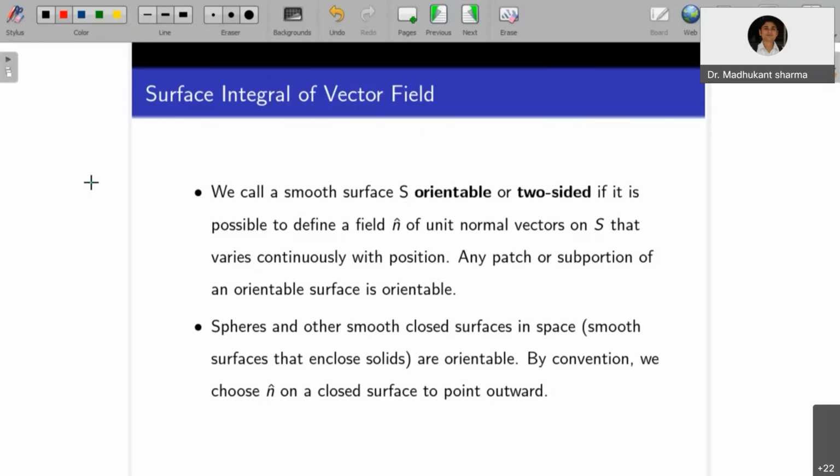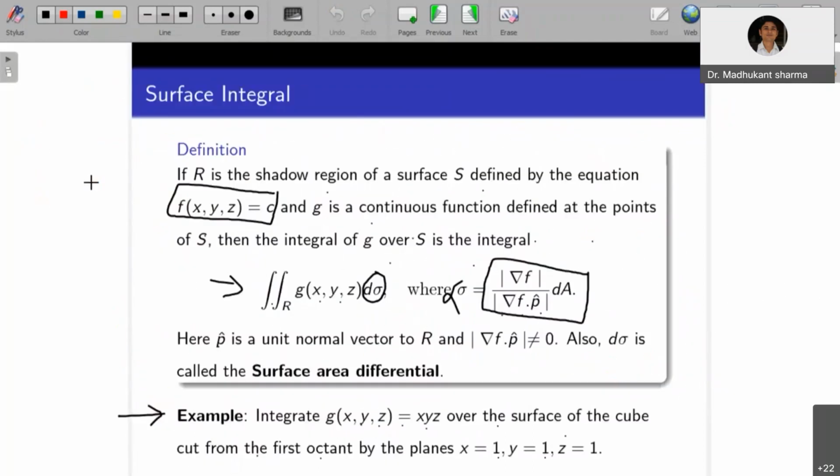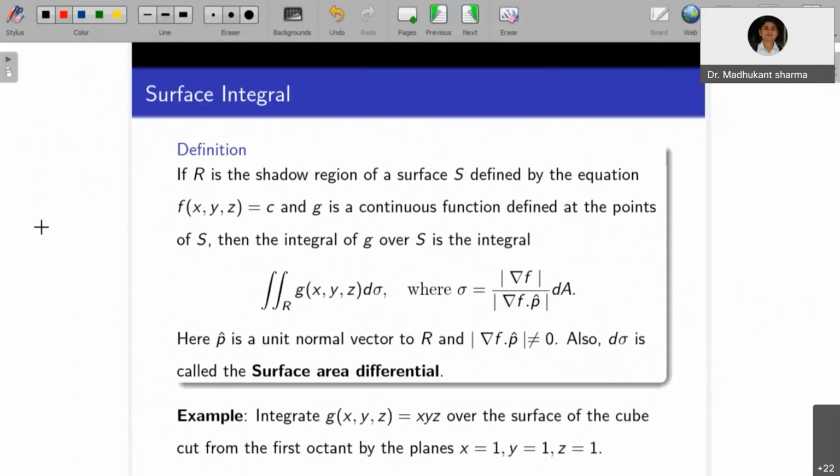In the last session we gave the formula for evaluating the surface integral of a scalar valued function g. And if g is 1, let me give you that here.